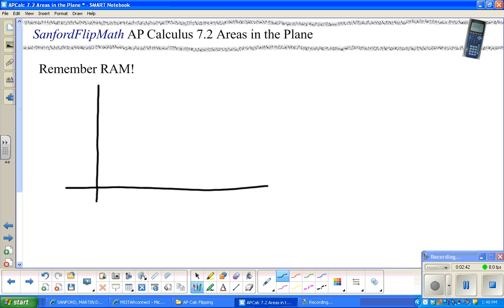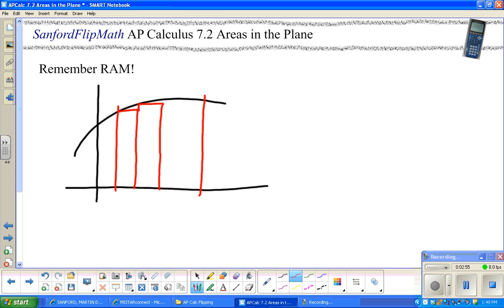I want to remind you about RAM, and when we're doing problems like this, where we're finding an integral from here to here, this would be like left RAM, and you've seen that before. That's not a surprise.